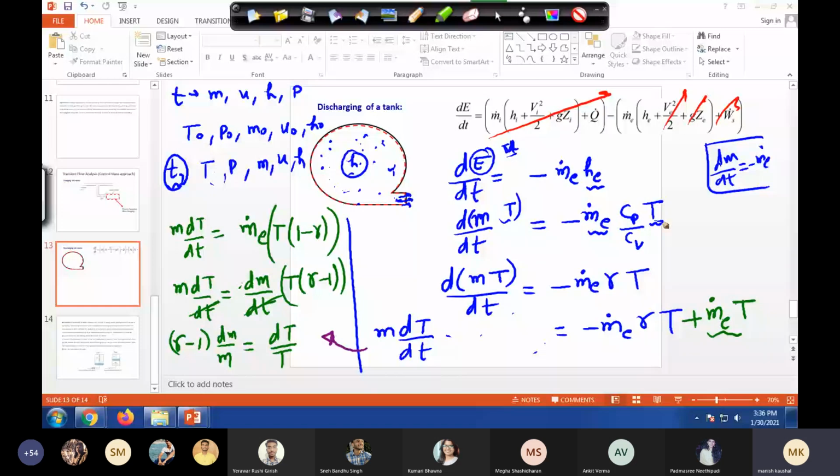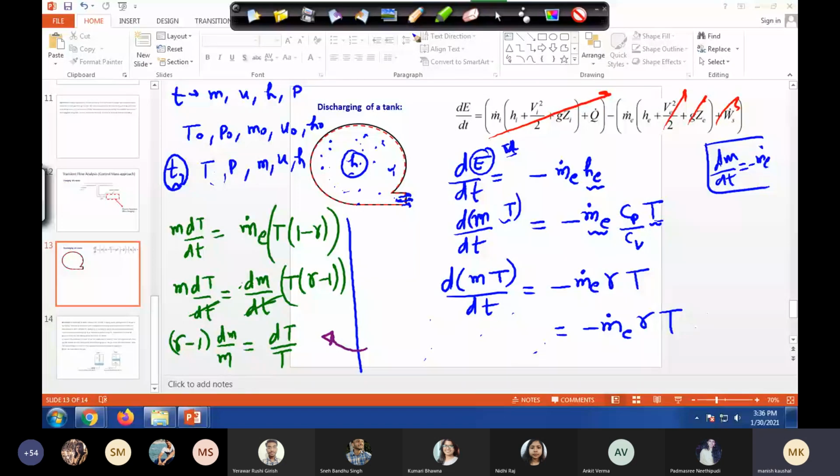Sir, why are we taking m outside of the bracket in the third equation? Here, in d(mT)/dt? I think you missed one step. Who is it? Nidhi, let's do it in front of you. I am omitting these terms. Now you differentiate this d(mT)/dt.